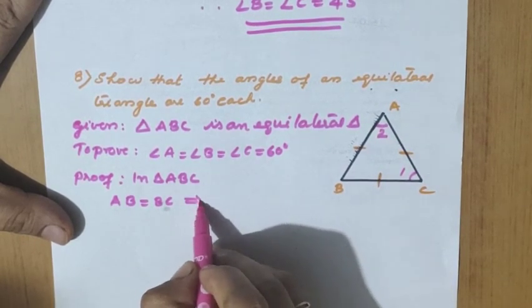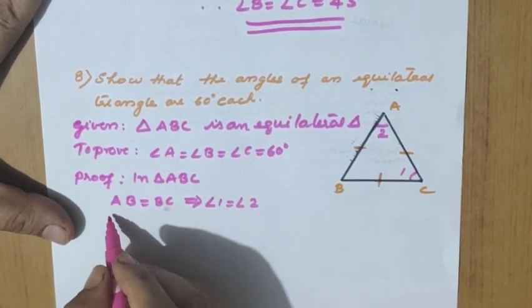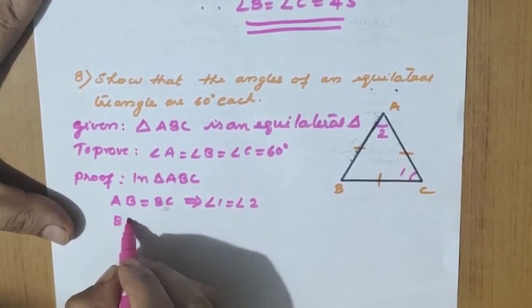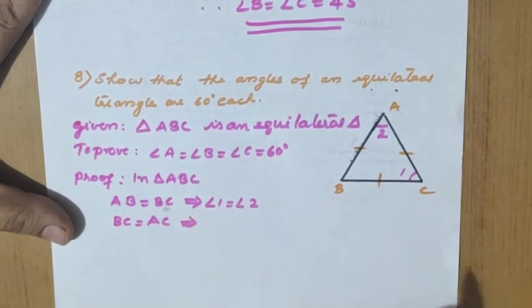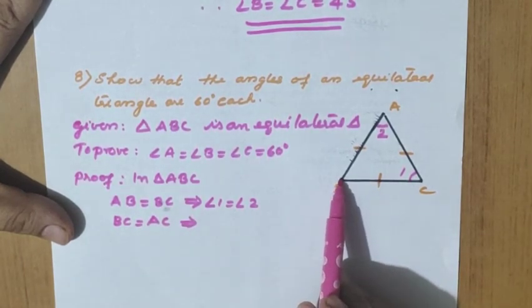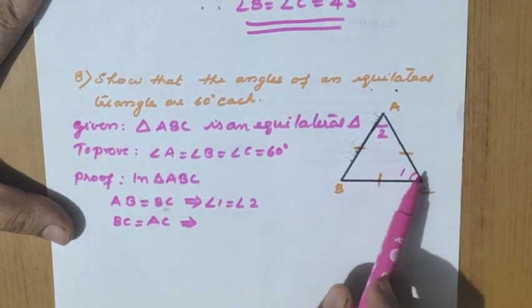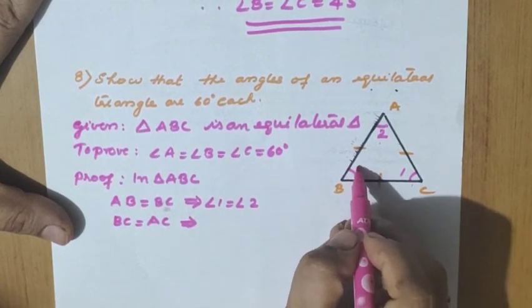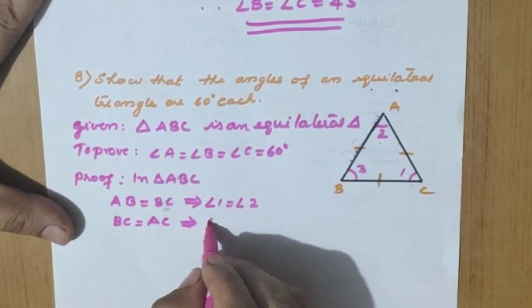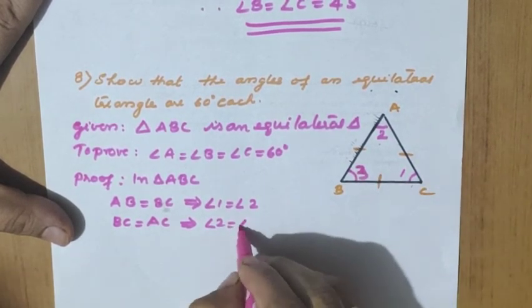So this implies angle 1 equal to angle 2. Similarly, BC equal to AC. BC equal to AC means which angle? BC opposite side is angle 2 and AC opposite angle is angle 3. Right. So we can write that angle 2 is equal to angle 3.